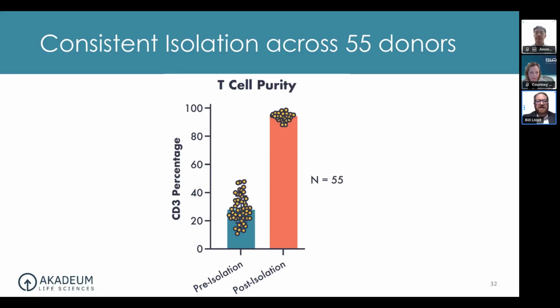And so here we looked at 55 different samples that were collected from BioIVT, looking at the pre-isolation CD3 percentage all the way from about 10 to 50%, with a very robust purity, on average above 90% over all 55 of those donors.